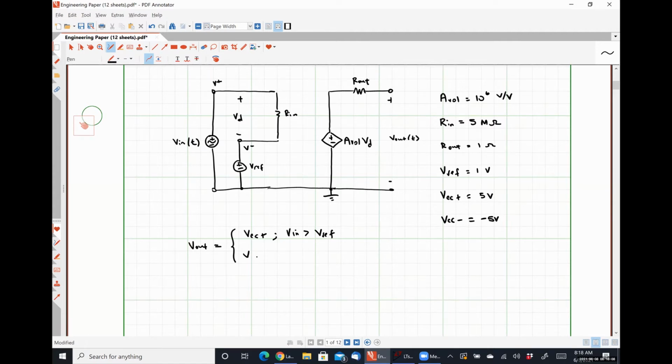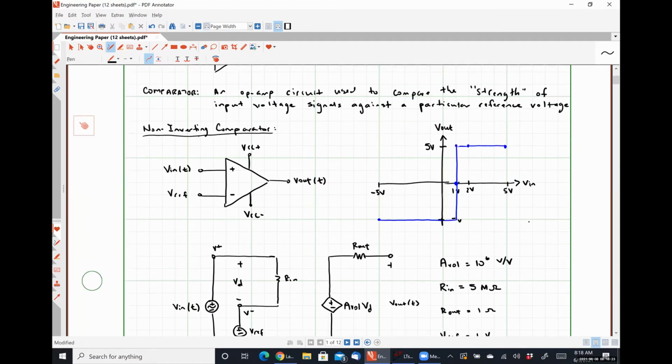And we can see that V out is VCC minus whenever Vin is less than our reference voltage, right? Which is exactly what this graph is showing us for a reference voltage of 1 volt.